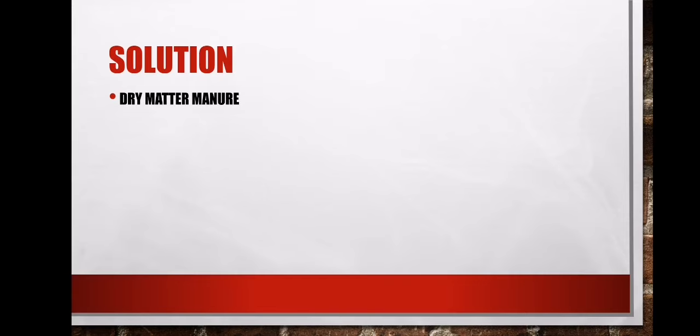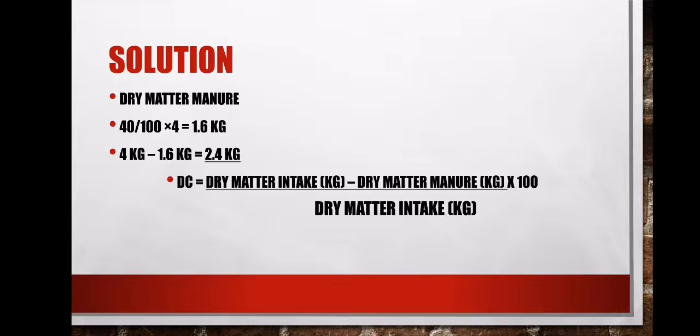Dry matter manure. 40 divided by 100 multiplied by 4 is equal to 1.6 kg. Asikaqedi. Asiwususele 1.6 kg ne by saying 4 minus 1.6 kg. Sithole ubani? U2.4. This 2.4 now, it is the dry mass manure, the dry matter manure, which we will take to the formula here.